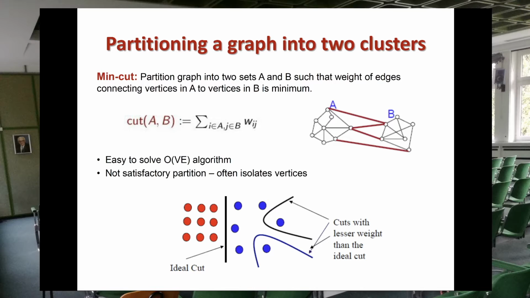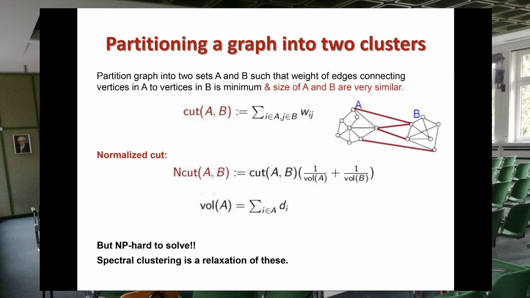So one way to fix that is to use the normalized cut. So partition the graph into two sets A and B, such that the weight of edges connecting vertices in A to vertices in V is minimum, and the size of A and size of B are very similar.